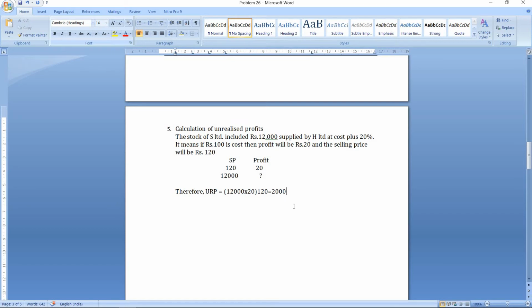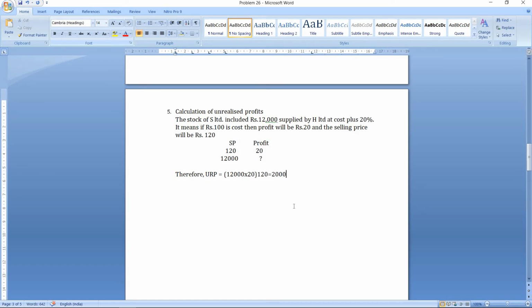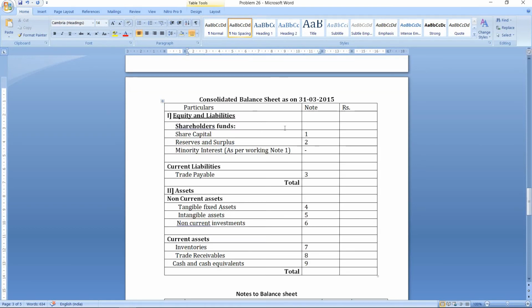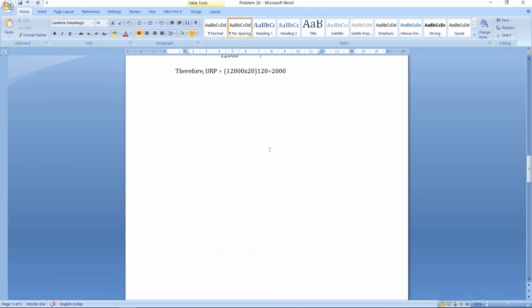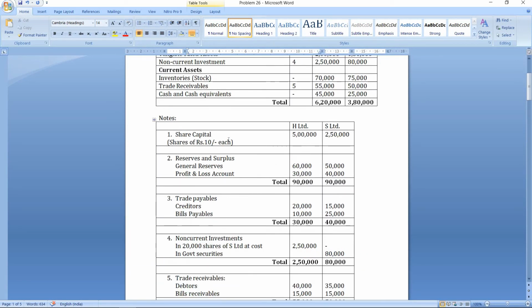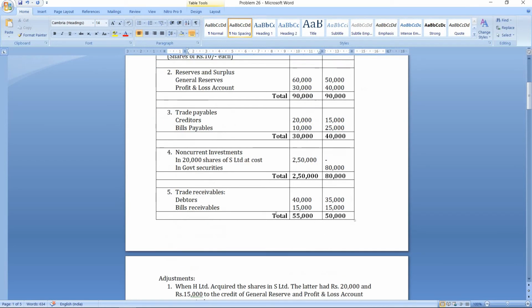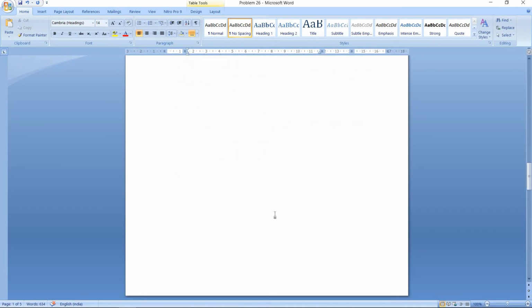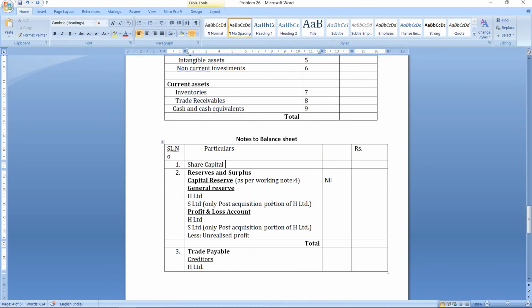Now let us prepare the consolidated balance sheet. So this is our format of the consolidated balance sheet. So let us start with share capital. Now remember, while preparing the balance sheet, we consider only the share capital of the holding company. So here it is shares of rupees 10 each, share capital is 5 lakh. So the same we will write in our working note.